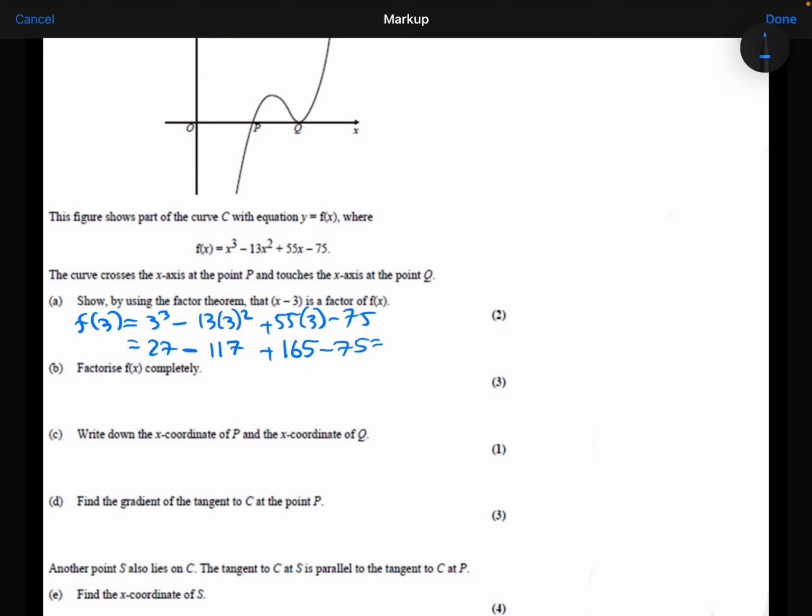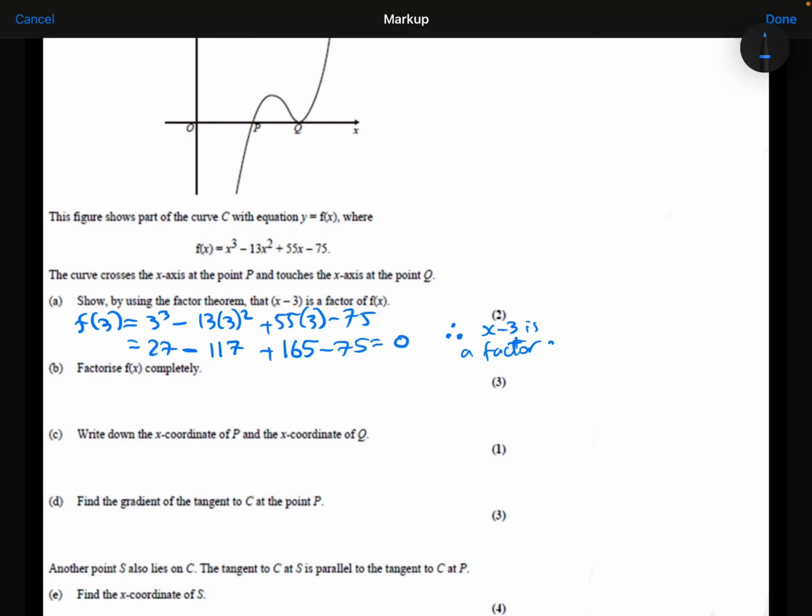Take away the 75. And when we do that, we do get 0. So I can write a little conclusion now saying, therefore, x minus 3 is a factor. And that's part A done.